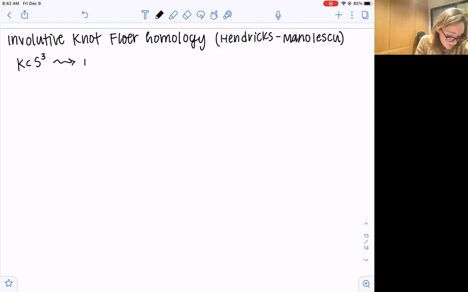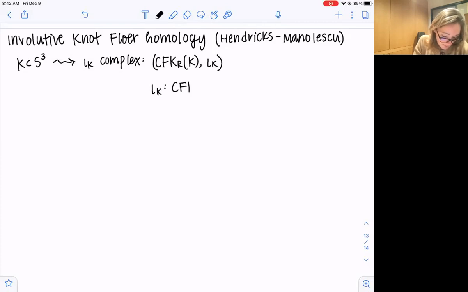And we'll associate to it something called an iota K complex, which is our knot Floer complex equipped with a self map, iota K, that is not quite an involution, but it's sort of like an involution, and we'll describe that presently.